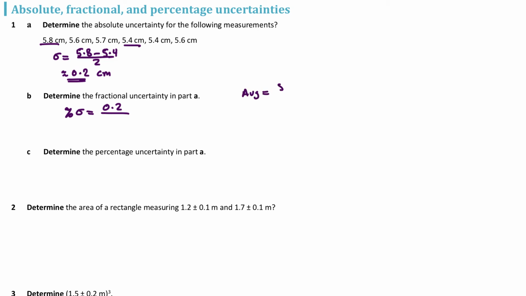Average is equal to 5.8 plus 5.6 plus 5.7 plus 5.4 plus 5.4 plus 5.6, and we have 6 values. And once I do these measurements, I get 5.583 repeated.